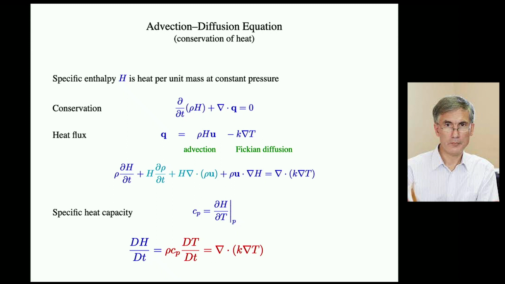Here for enthalpy, we have to know what the flux is, and there are two types of flux of material. One is an advective flux, which basically says if I have a property of a material, then I can carry that property if I move the material. So in particular, if I have a property of a liquid or a fluid, and that fluid flows with some velocity u, then I have a flux of heat, in this case by multiplying the fluid velocity by the amount of heat per unit volume.